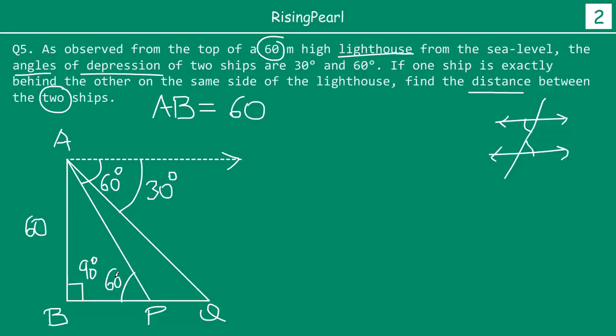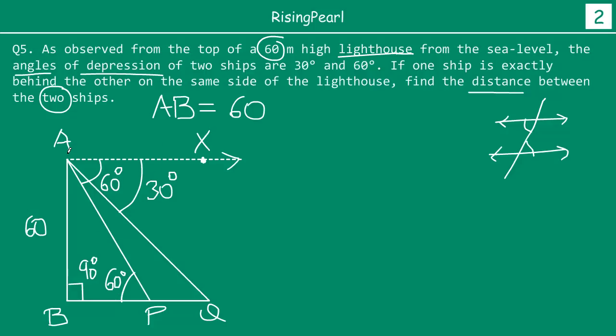So angle P is 60 degrees. Why? Because let us just arbitrarily take a point, let's call it point X on the horizontal. So AX is parallel to BQ and AP is a transversal. So AP actually intersects the two parallel lines AX and BQ. So this angle and this angle should be equal.